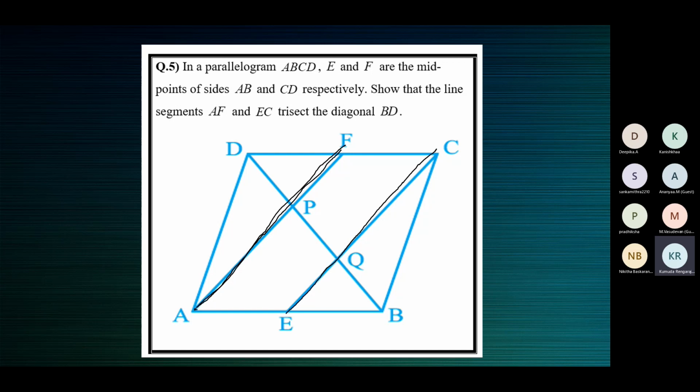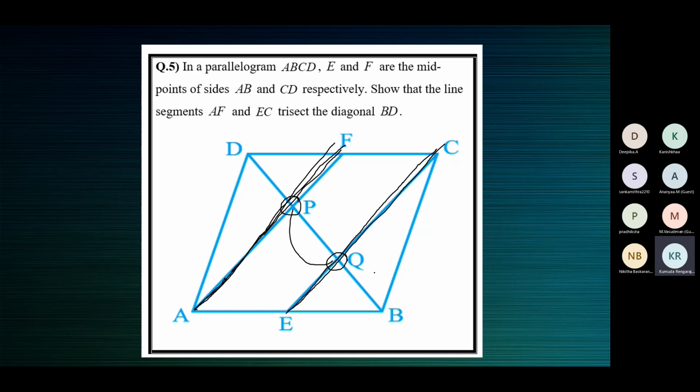So the line segment AF intersects the diagonal BD at P. The line segment EC intersects the diagonal BD at Q. So basically we have to prove that P and Q are the points of trisection of the diagonal BD.